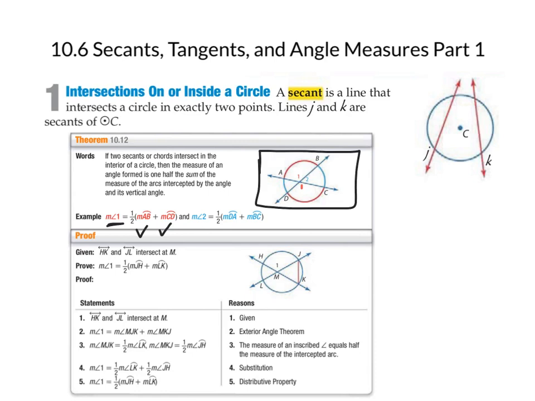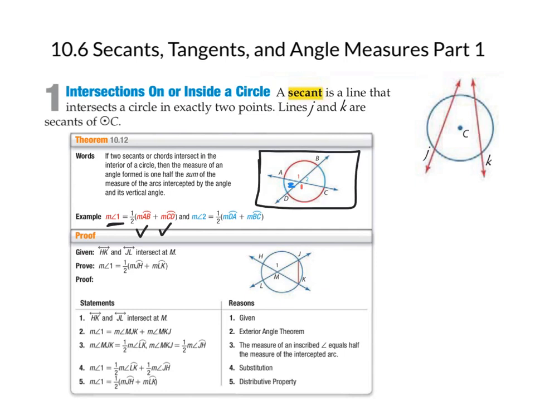And the same thing will work with the other angle as well. So if you look at the number 2 angle, the vertical angle is congruent. That's going to be right here, that number 2. And the measure of angle 2 is the average of arc BC and arc AD. So that's the first theorem.